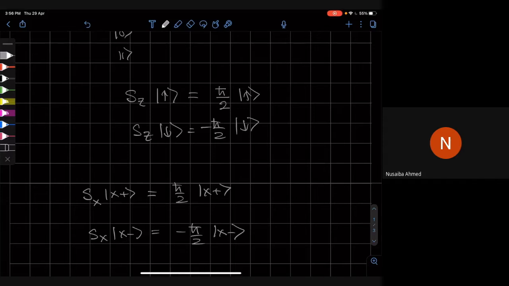Then you might say, just as up and down form a basis of your Hilbert space, can you have x plus and x minus as a basis for the same Hilbert space? The answer is yes.